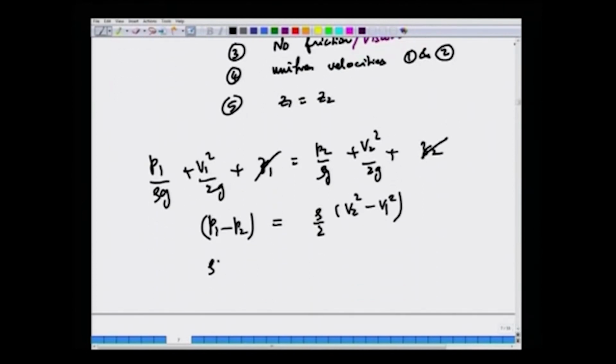Now, if you use the continuity equation, the mass balance equation, ρV1A1 = ρV2A2. Since the fluid is incompressible, density is constant, so you can cancel it out. So V1/V2 is simply A2/A1.